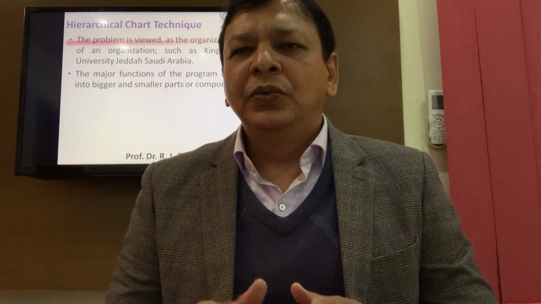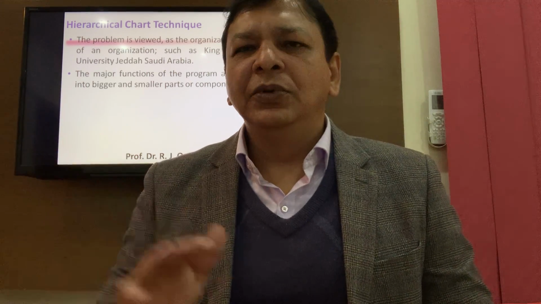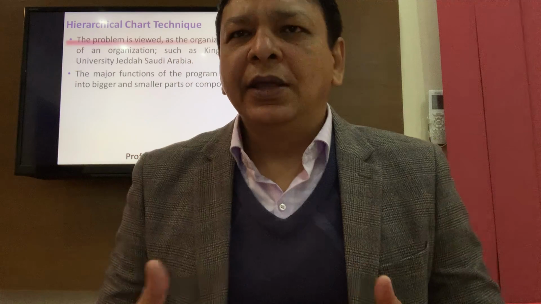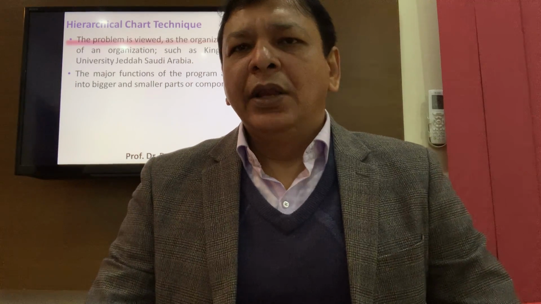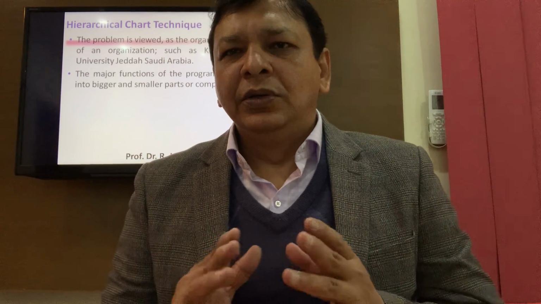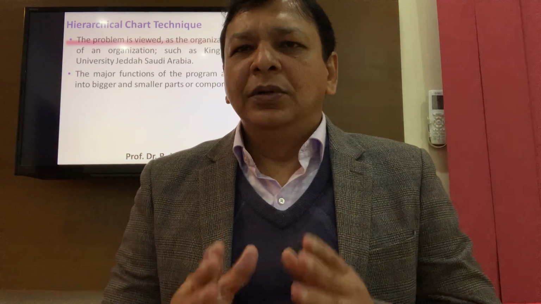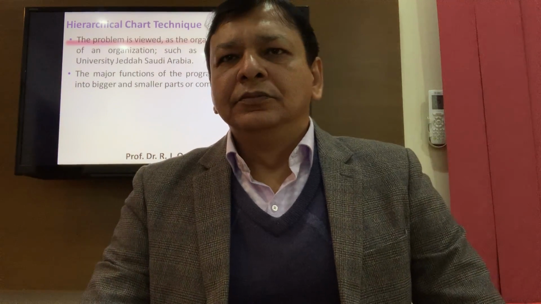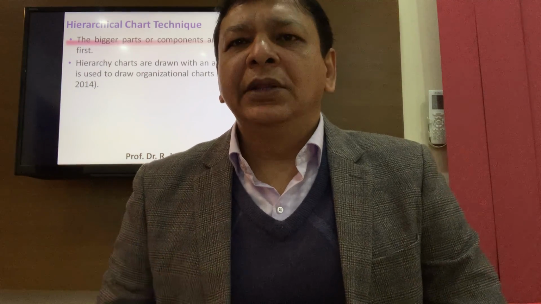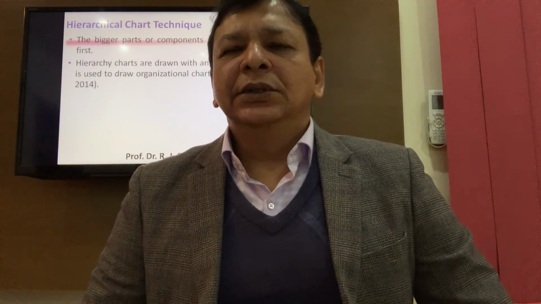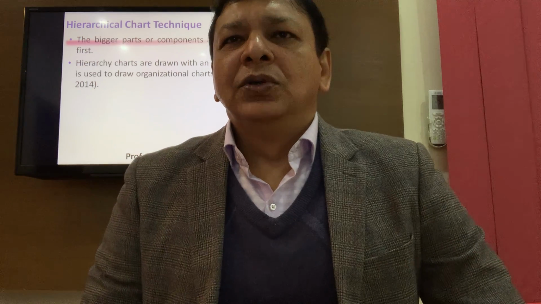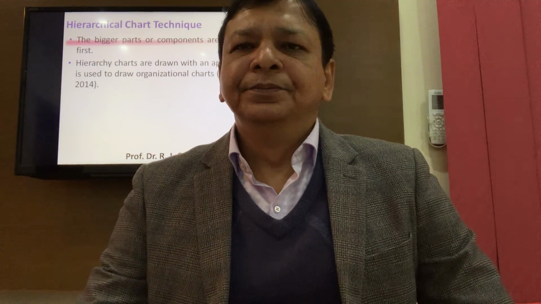So we go to the most linear level from top to down. It's a hierarchy. So in the hierarchical chart, we take the main components and then we divide them to the most linear level that we cannot further break down. So bigger parts are considered first. So hierarchical charts are drawn with an approach like the organizational chart.